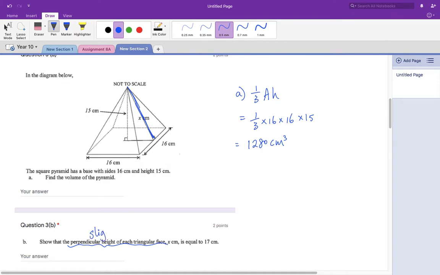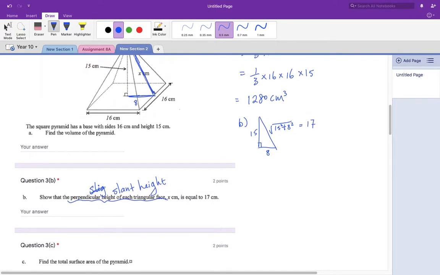Even though the question uses the word perpendicular, it's the perpendicular of the triangle, not the perpendicular height of the pyramid. So you have this right angle triangle, 15, and this is half of 16, right? This is 8. So this side is the square root of 15 squared plus 8 squared, and that's 17.